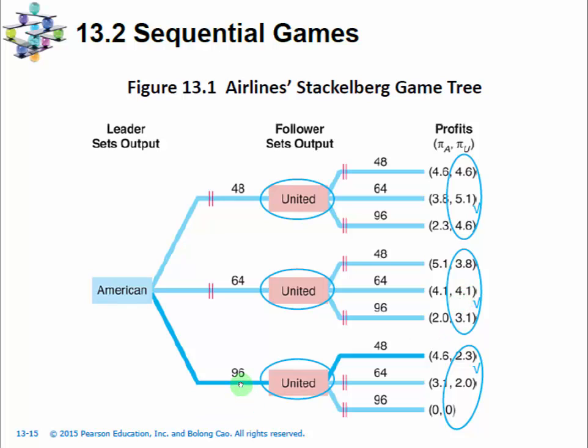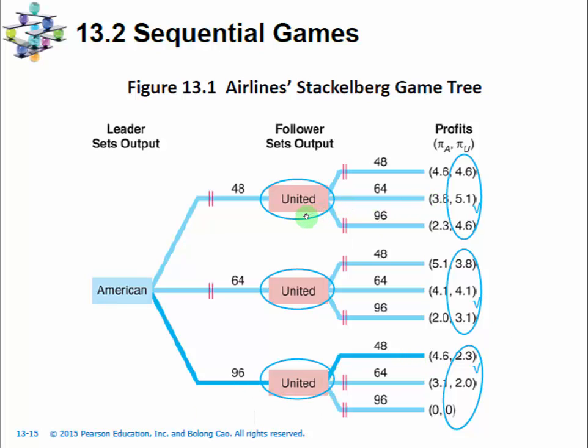If American's output is 96, the best response for United is to produce 48 and earn 2.3 in profit. What United is doing here is, given American Airlines' output level choice, choosing the output level that gives United the highest profit, conditional on American's choice.